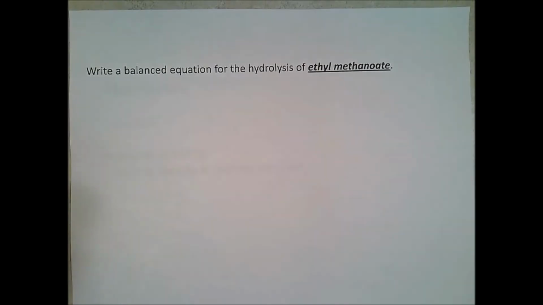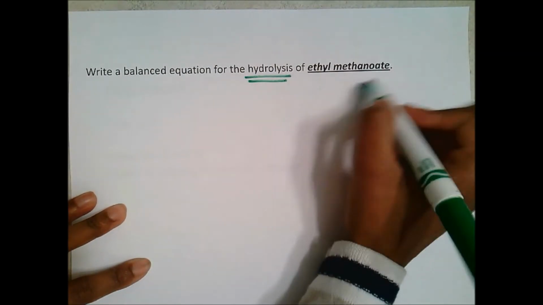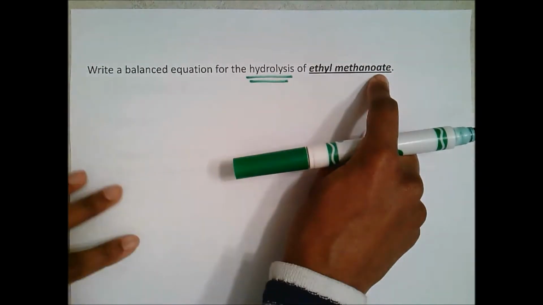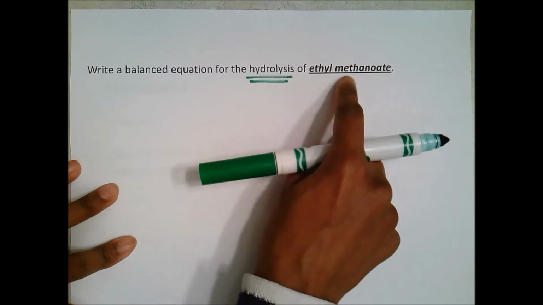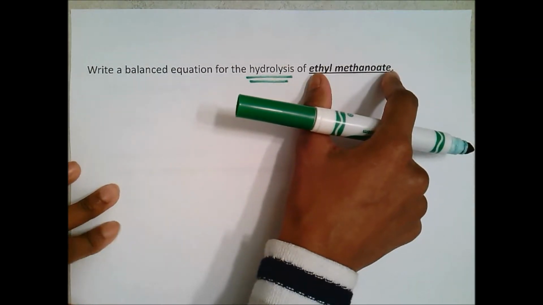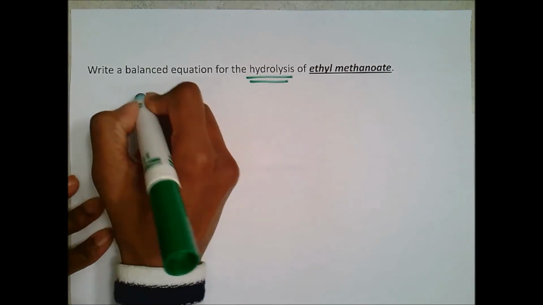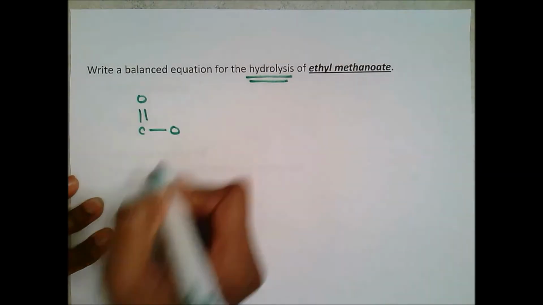So here we want to write a balanced equation for the hydrolysis of ethyl methanoate. You should be able to look at the ending and say, hey, that's an ester with the oate ending. What I would recommend is start by drawing out what that ester is. So I have my carbon double bonded to the oxygen and an oxygen there.